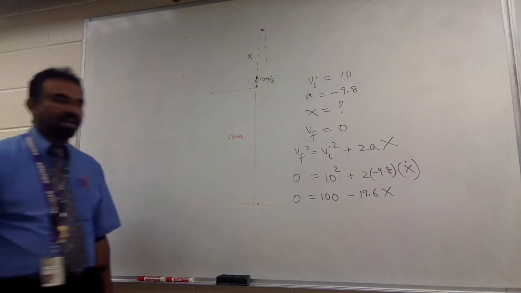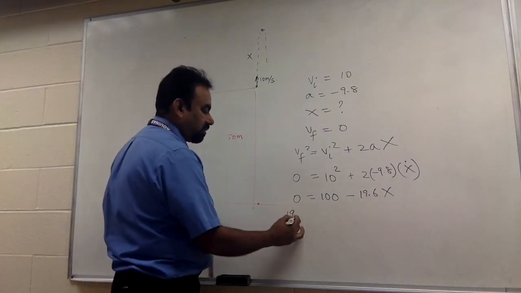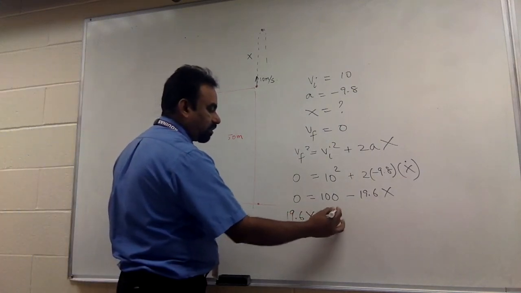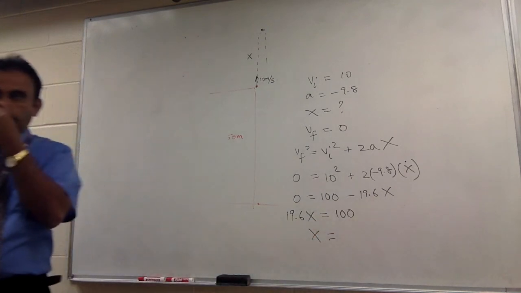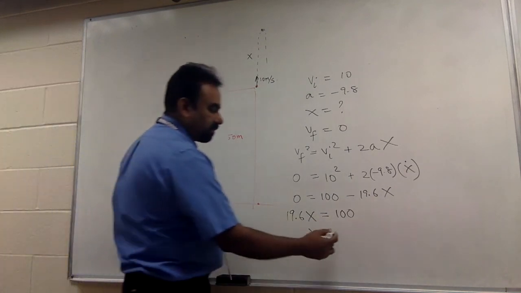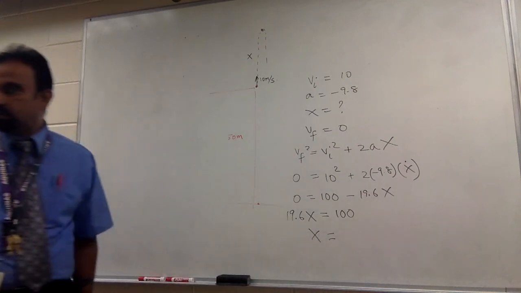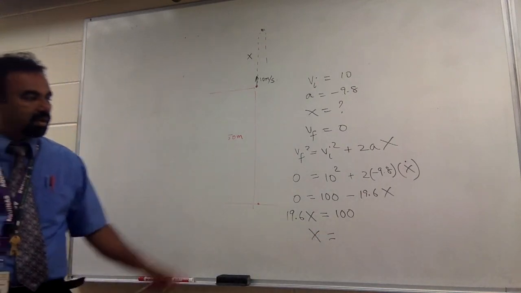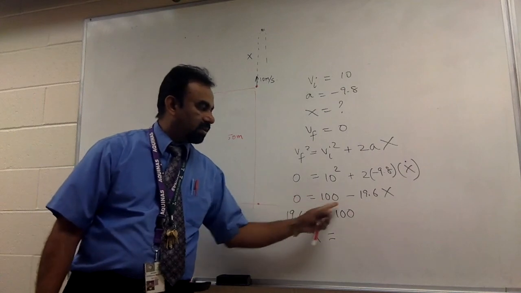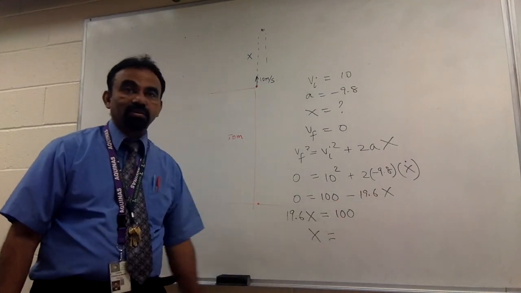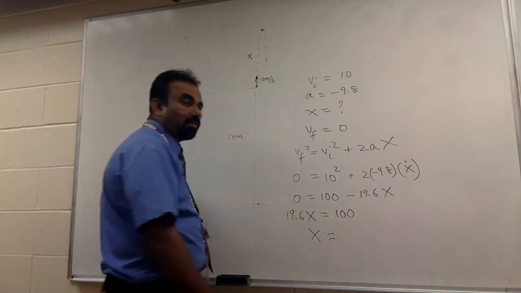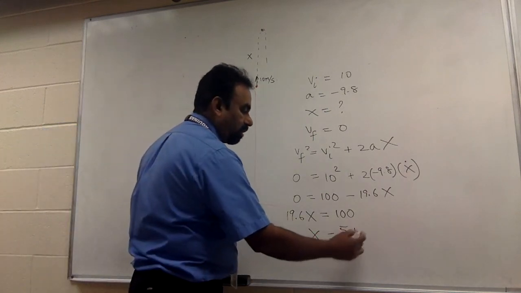Add 19.6x to both sides. We get 19.6x is equal to 100. So what is x? 5.1 meters.